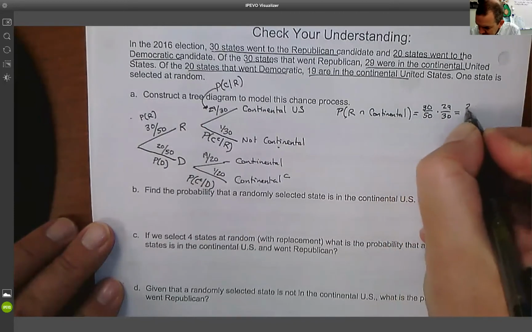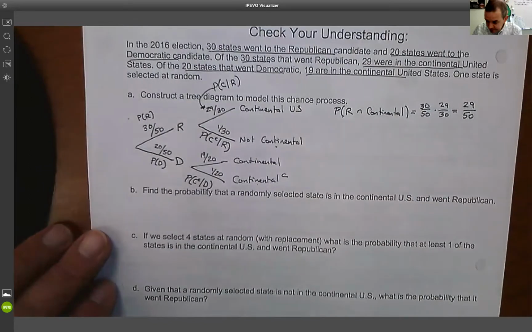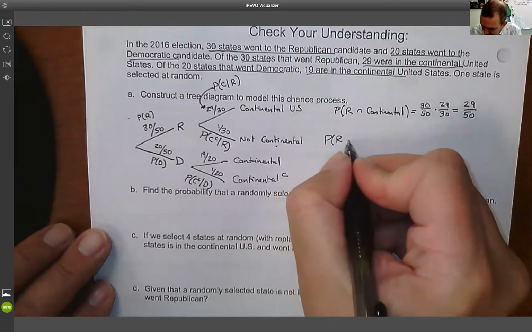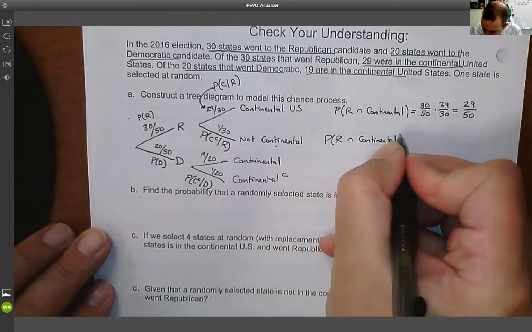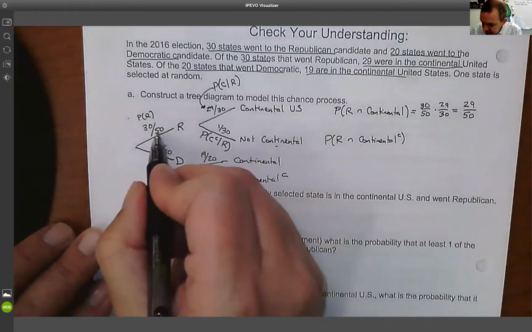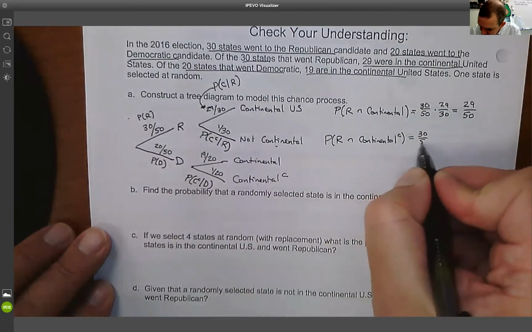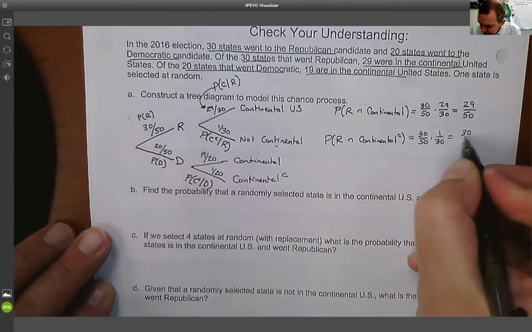That's going to tell me that 29 out of 50 are continental. This one is going to be the probability of being Republican and not continental. That's going to be this 30 out of 50 times this 1 out of 30, which gives me 1 out of 50.